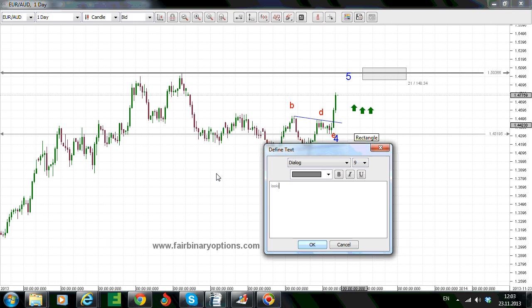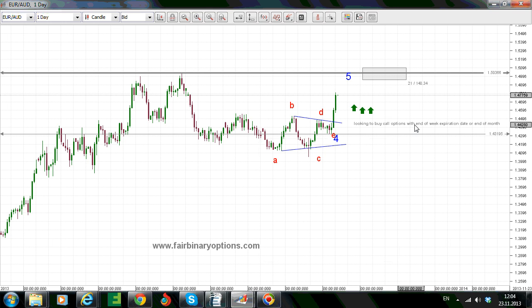Looking to buy call options with either end of week expiration date or end of month expiration date, because end of month also comes around the end of next week.